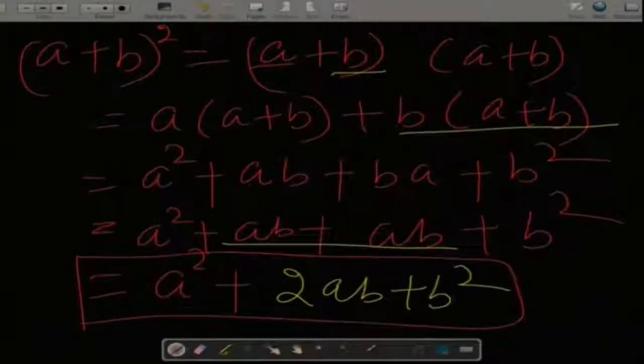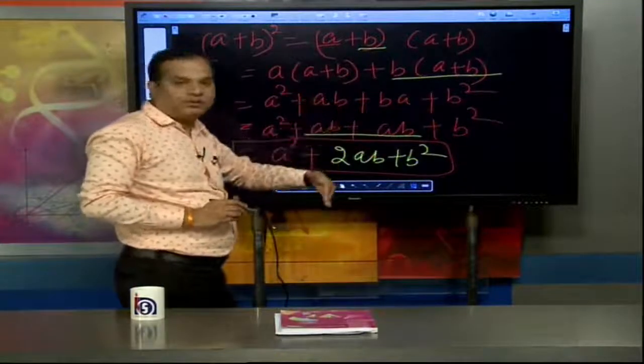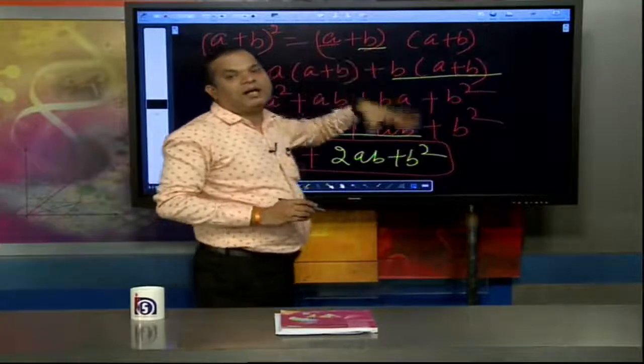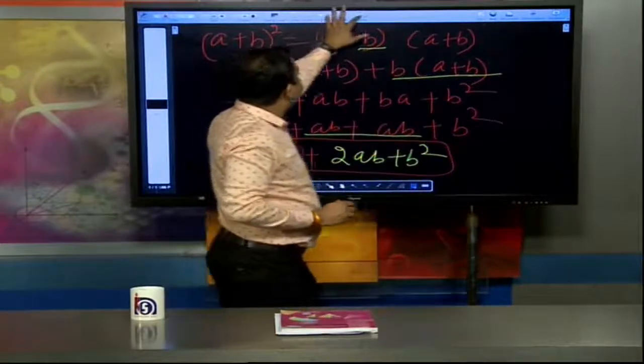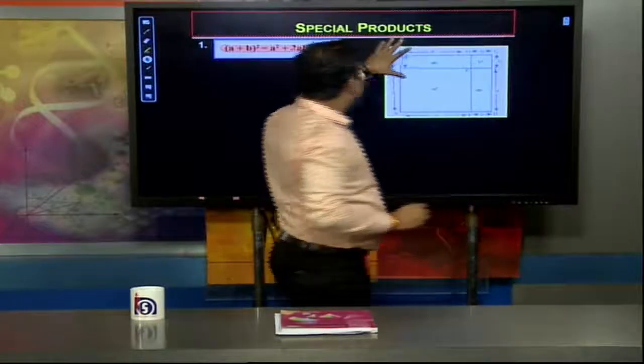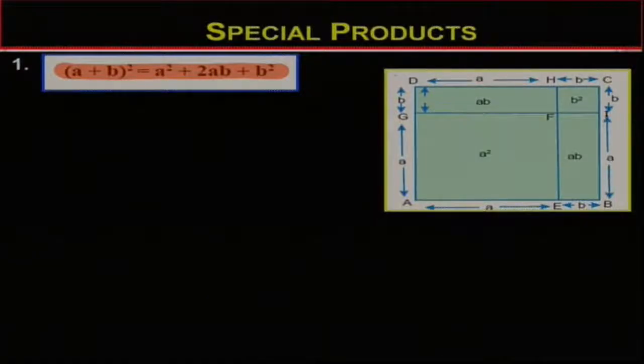We derived and generated this formula algebraically. With that, we can also prove it geometrically. You see this figure. This is the rectangle ABCD, and CB is equal to BA, where one part is a and the other part is b.